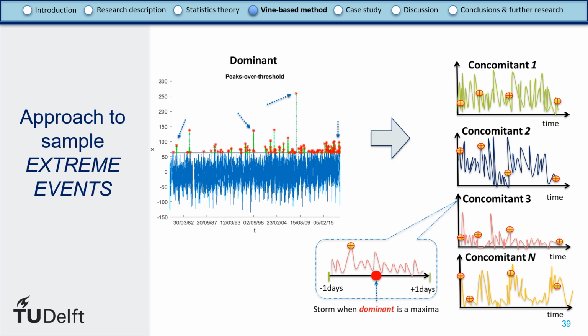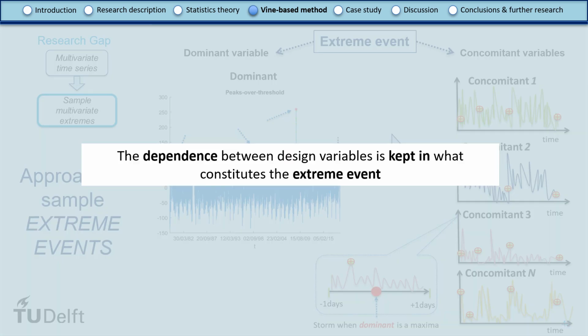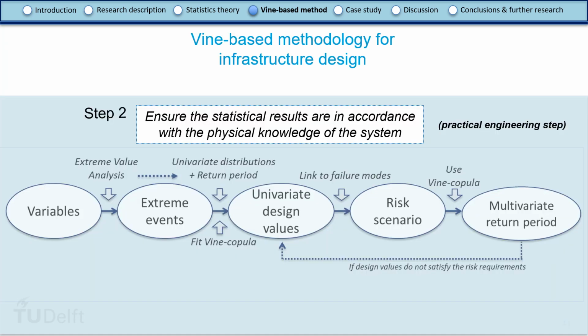And by taking this choice, we know that the dependence between these variables is kept in what constitutes the extreme event. Step 2 is a practical engineering step to ensure that the statistical results are in accordance with the physical knowledge of the system. And I will present examples on this step in the case study.